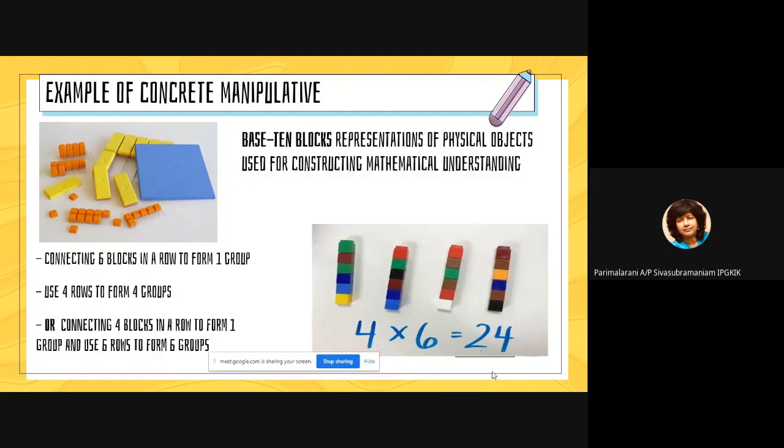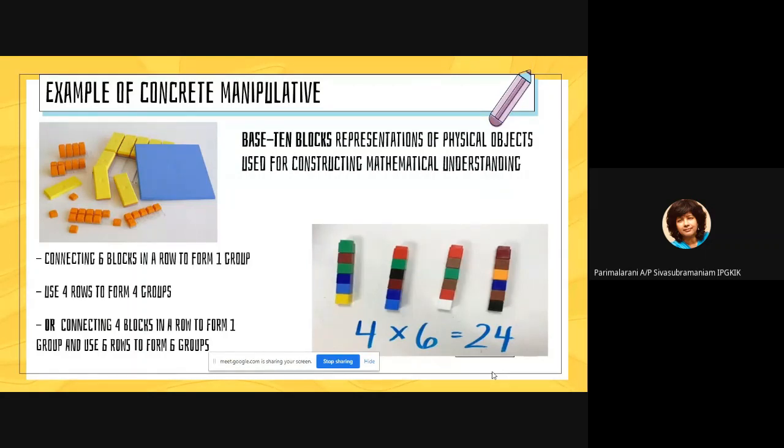Aida, what model is this? 4 times 6 is 24. What concept of multiplication is this? Commutative. Commutative, but you haven't shown that. If we don't look at the commutative, just this picture alone, what concept is this? Anyone?